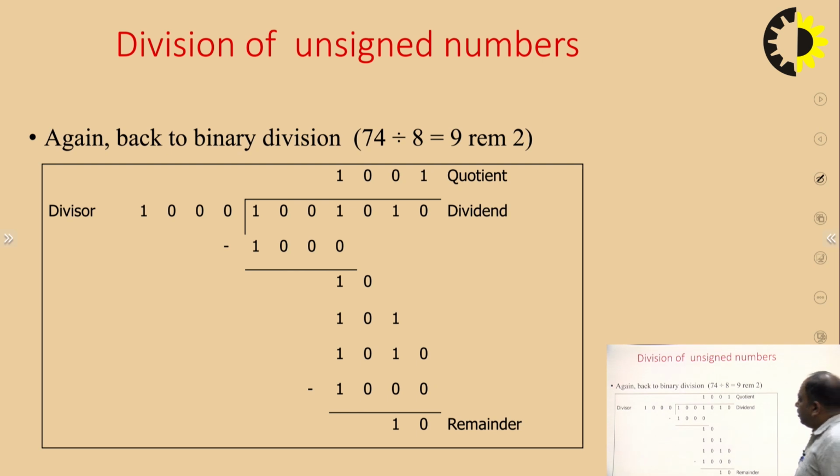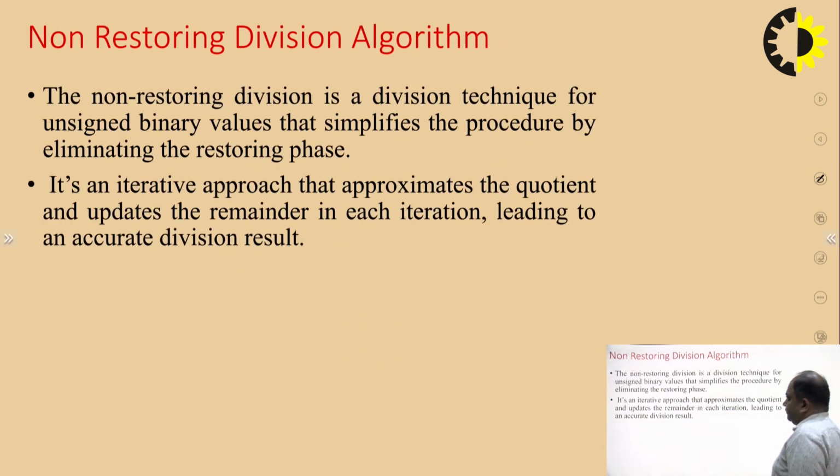Normally in arithmetic division, there are four main things: divisor, dividend, quotient and remainder. When we do a binary division, we follow this rule. There is a division technique for unsigned binary values that simplifies the procedure by eliminating the restoring phase.